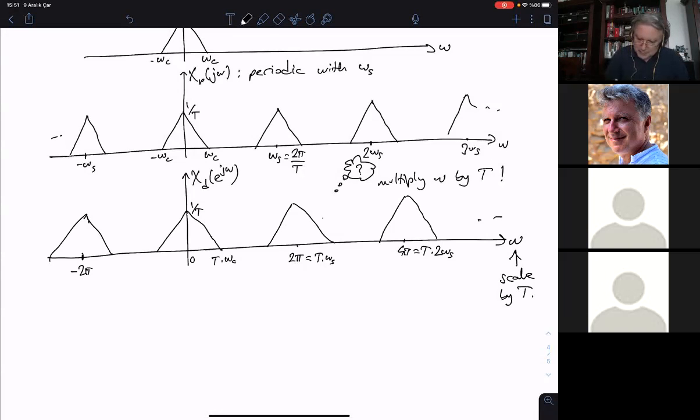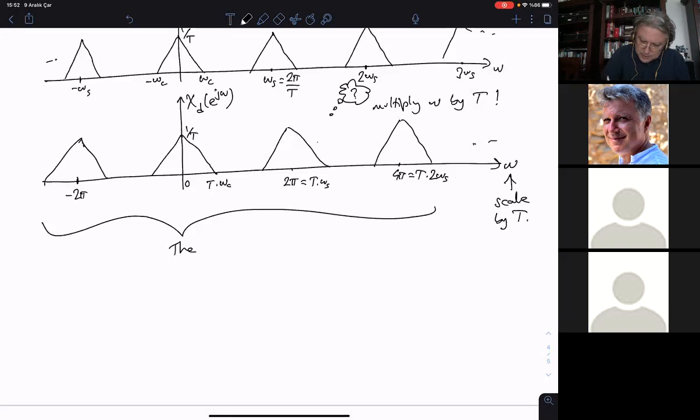And this is the discrete time Fourier transform of x[n]. This is what is happening in the Fourier domain, if you think of it as the discrete time signal.